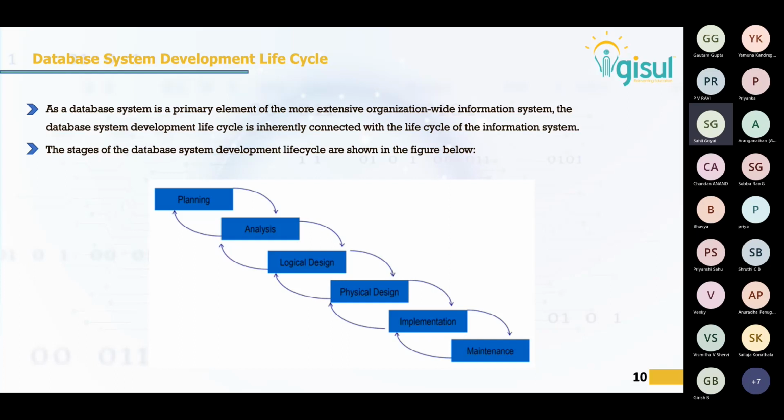From the analysis, we will then talk about the logical design. In the logical design, we start developing our ER model. We start identifying how many tables we are going to have and what kind of columns they will have. Based on that, the logical diagram is presented.